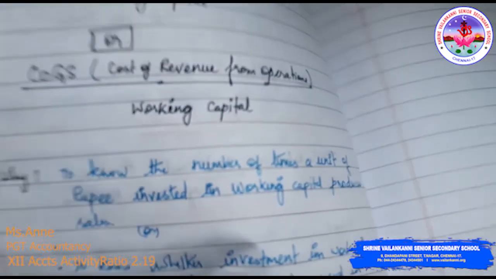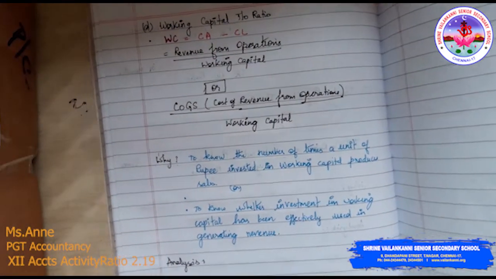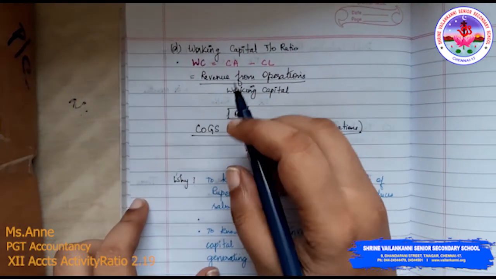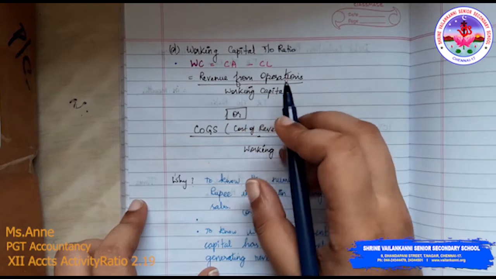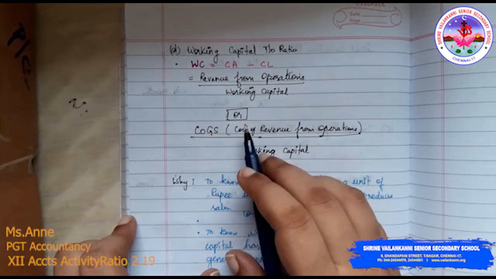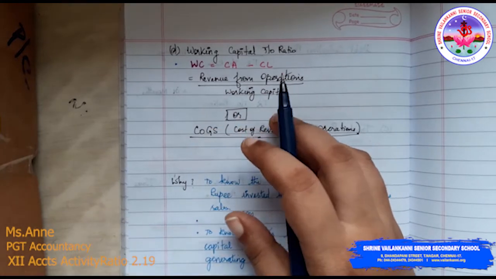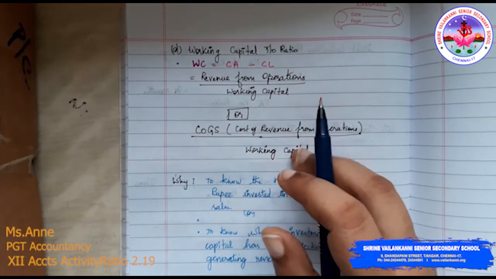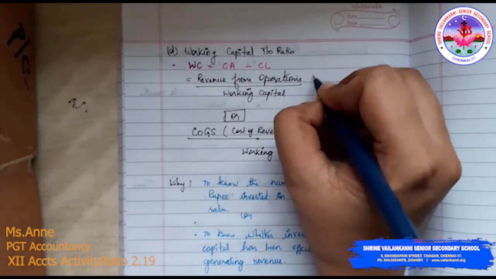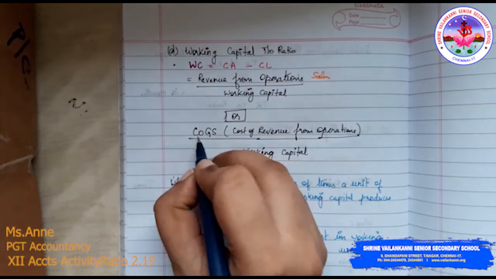Moving forward to the next and last ratio, the working capital turnover ratio. Working capital, as you all know, is current assets minus current liabilities. What is the formula? Revenue from operations divided by working capital. Based on the information given in the question, we need to use either sales or cost of goods sold.